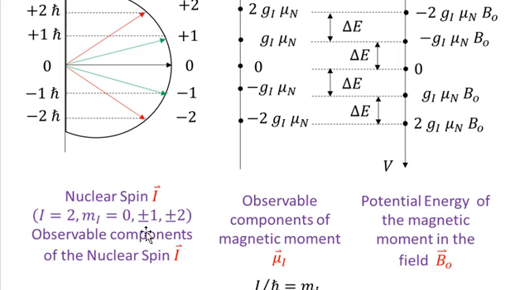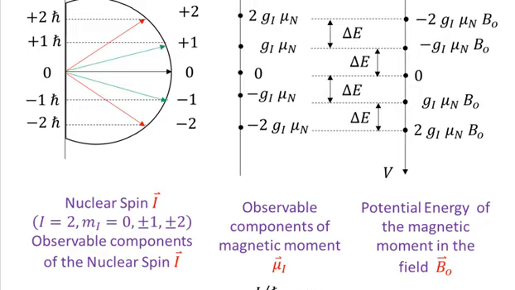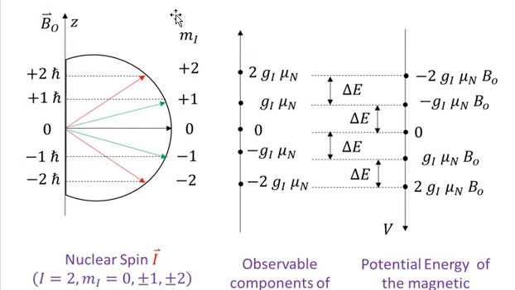That is, there are 2I plus 1 values. So I have written these values, which are 5 in number. So I have shown 5 values of Mi in this figure, and I have labeled them as plus 2, plus 1, 0, minus 1, minus 2.